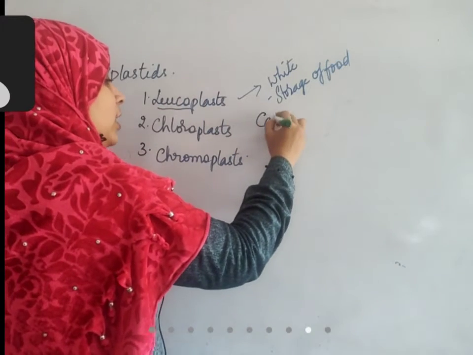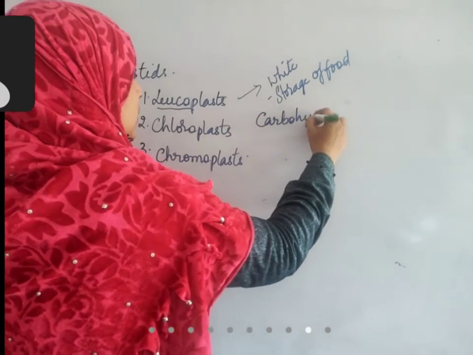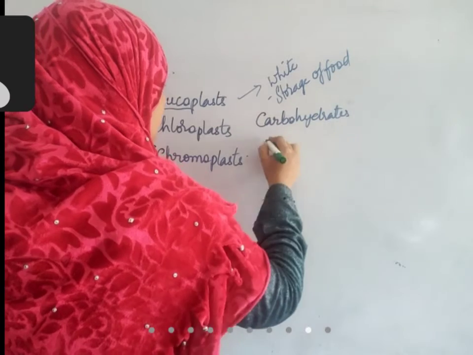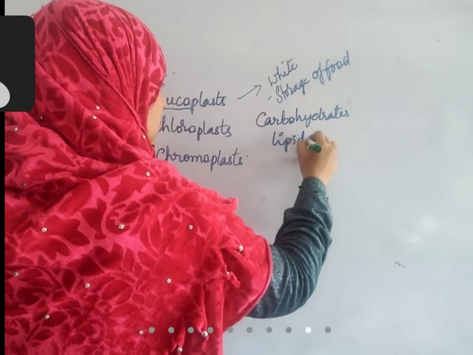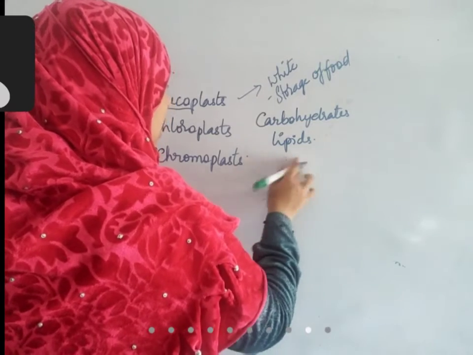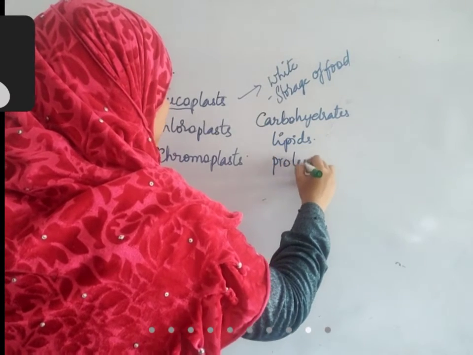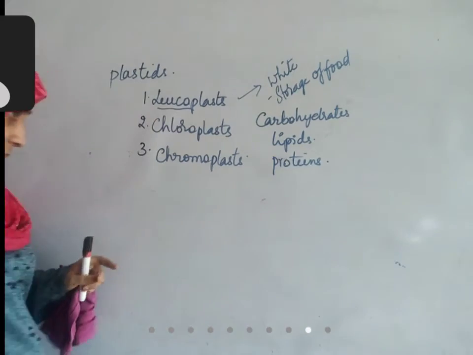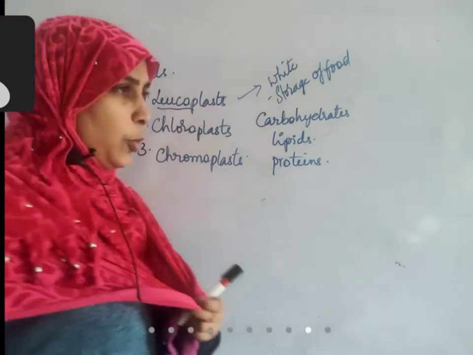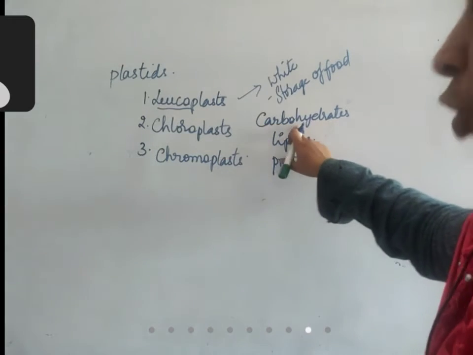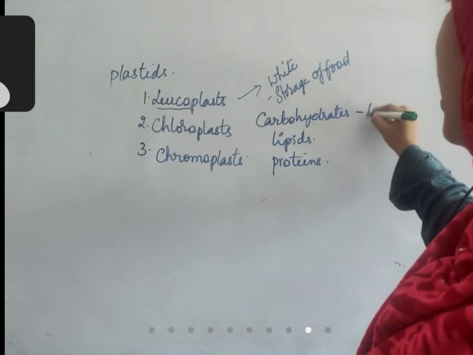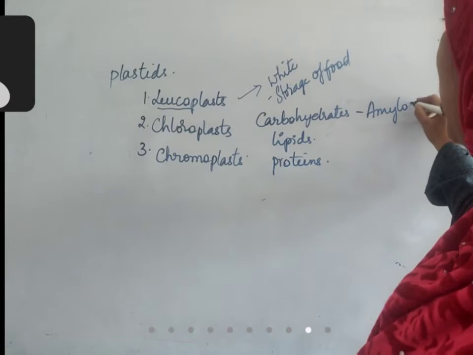Leucoplasts store carbohydrates, lipids, and also proteins. Those leucoplasts which store carbohydrates are called amyloplasts.